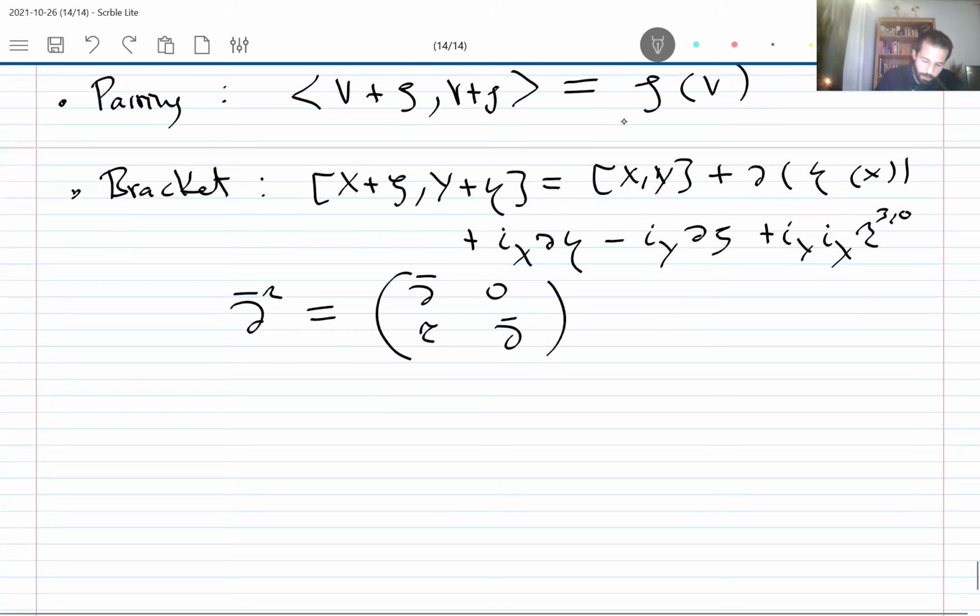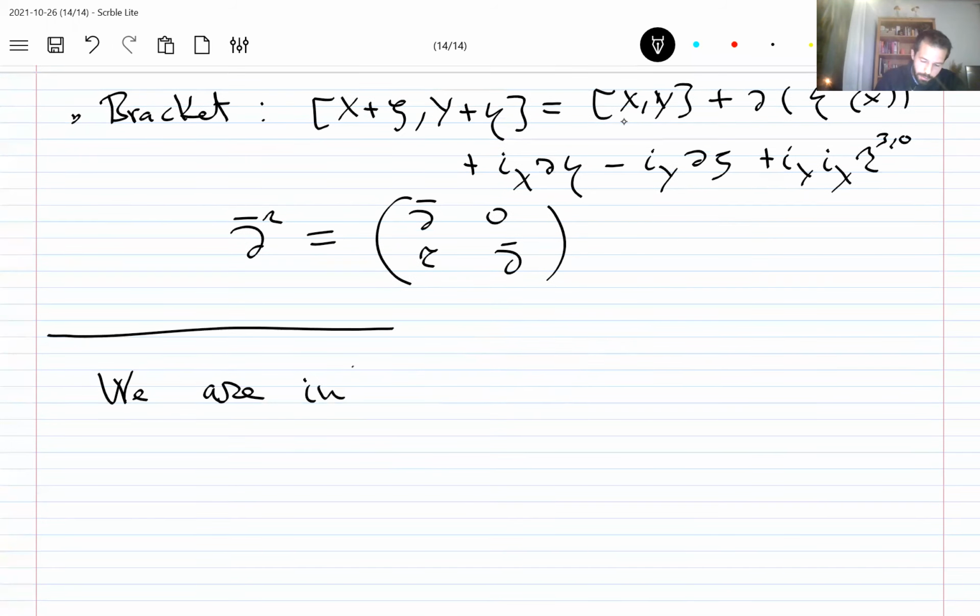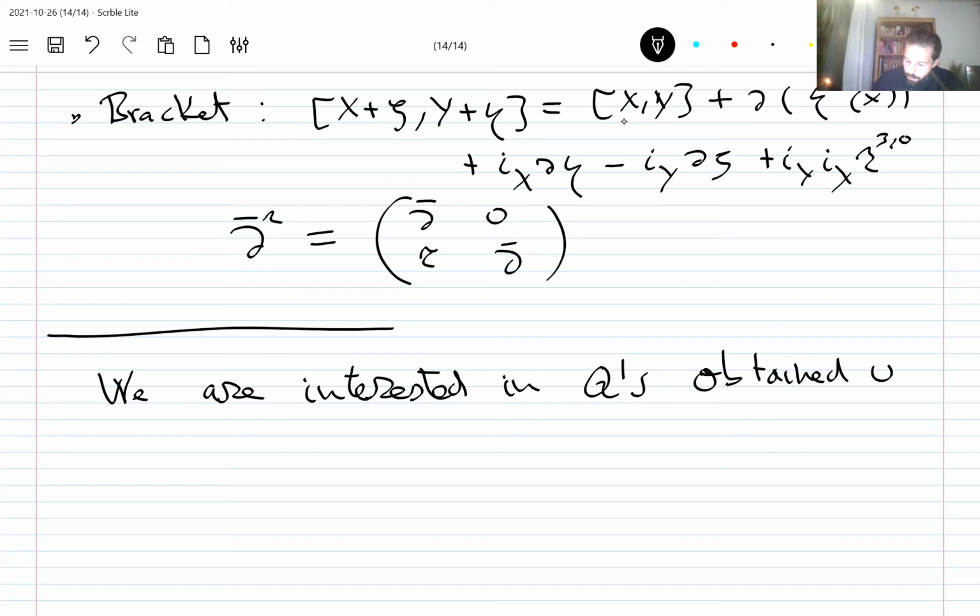So we are interested in Qs obtained via a suitable reduction procedure from Es which are exact but in the smooth category.